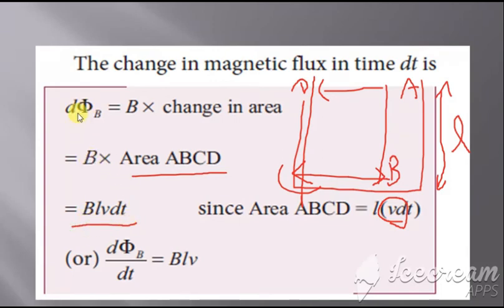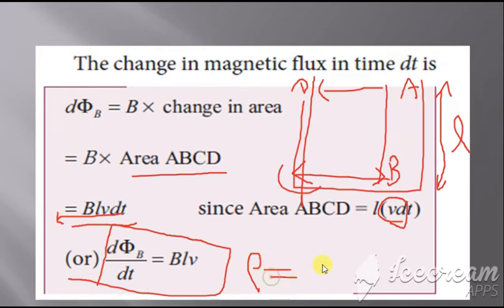Now this is equal to d phi. Bringing dt down, we write d phi divided by dt, which is equal to BLv. And we already know the formula E is equal to d phi divided by dt. Now this d phi is equal to that d phi, so we can write that E is equal to BLv.